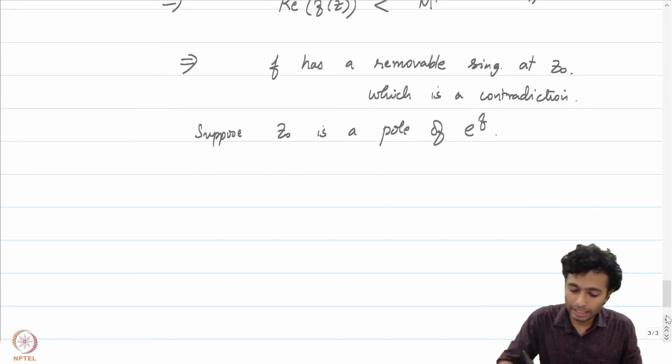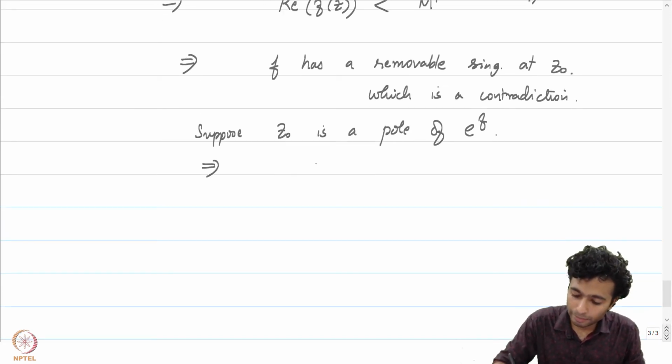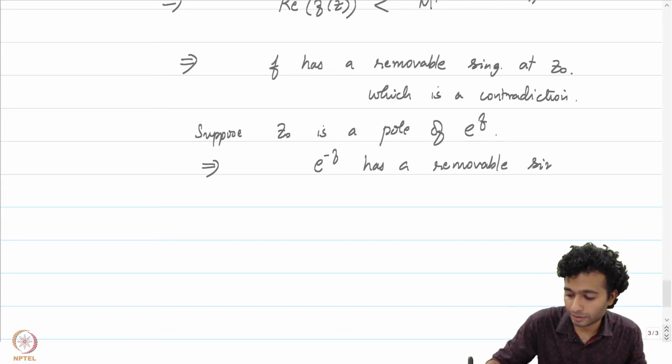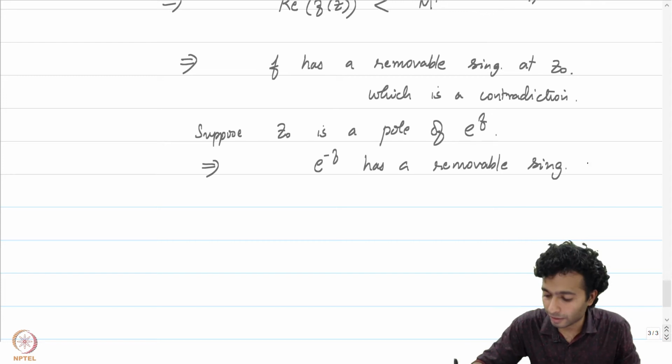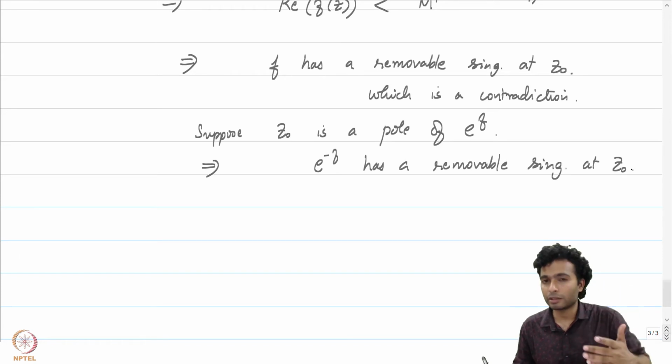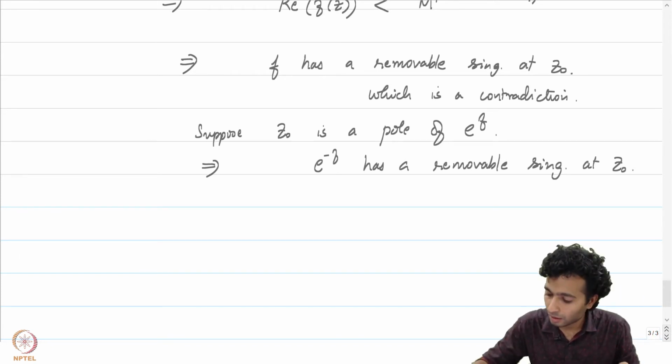That would mean that e to the power minus f has a removable singularity at z0, isn't it? That's by the very definition. In fact, at z0, e to the power minus f is going to be 0. If z0 is a pole of e to the power f, 1 by e to the power f will have a 0 at z0 after removing the singularity.